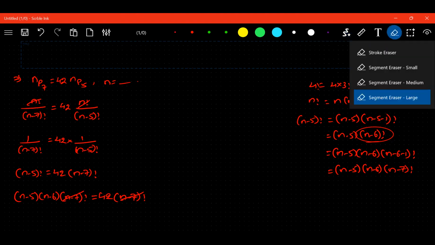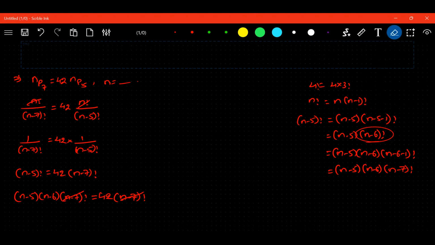Excuse me, sir. Yes. Sir, I didn't understand the second step. See, Shashank, here this n factorial got cancelled. So that means 1 upon 1, here 1 will be there.